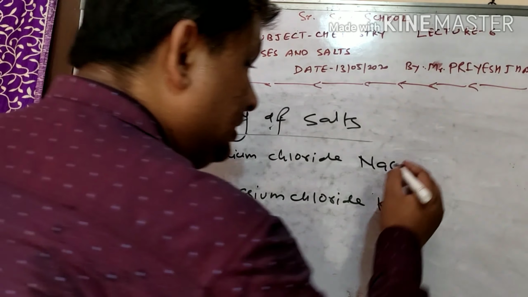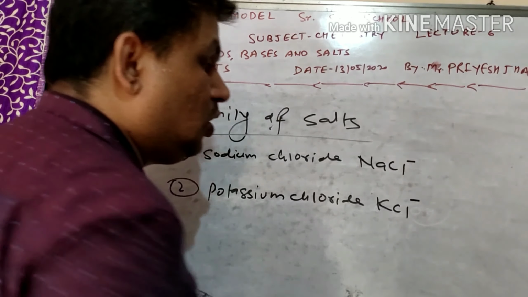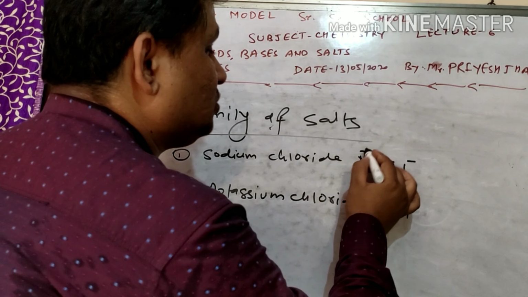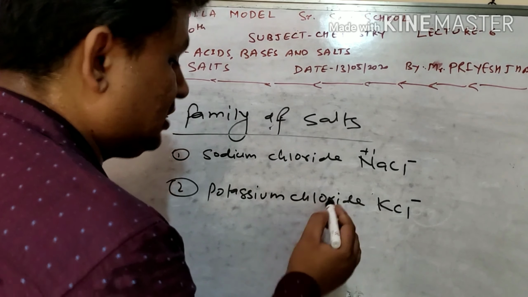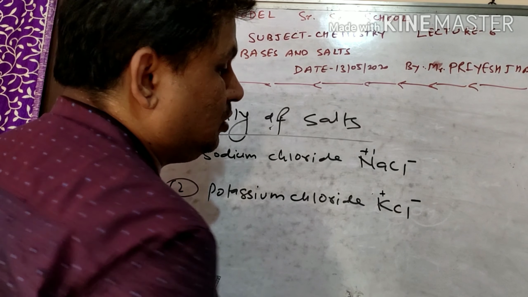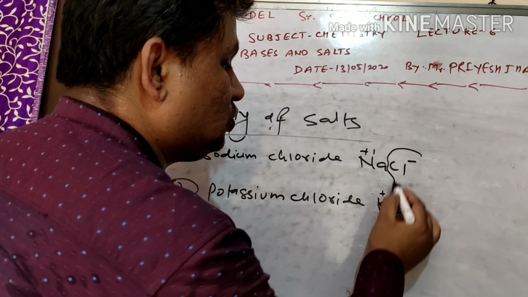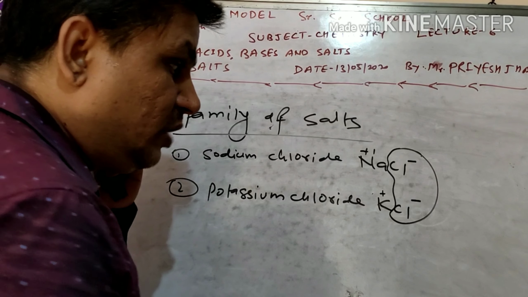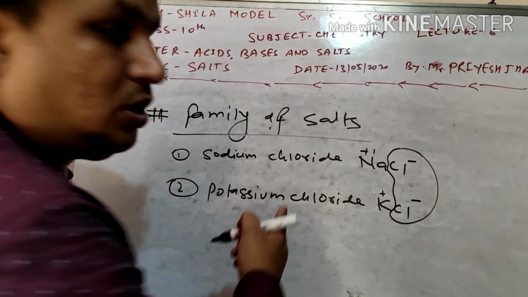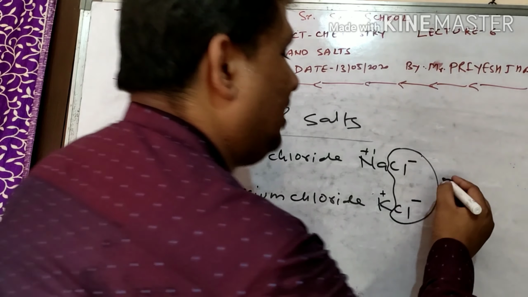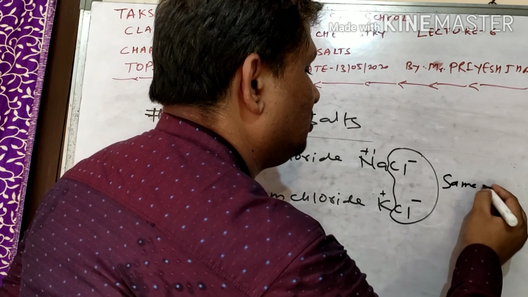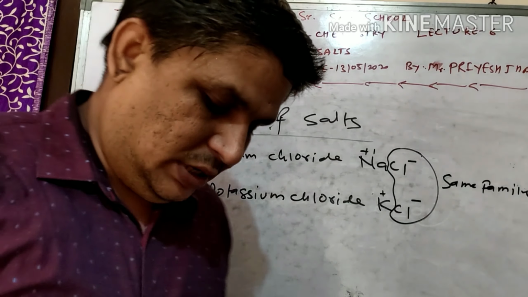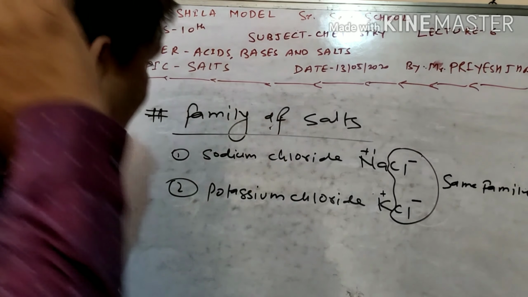In this case, negative charge is present on chloride ion, but positive charge in case of sodium chloride is present on sodium, and in case of potassium chloride positive charge is present on potassium. So in these two salts, the negative charge is present on the same chloride ions, so these two salts will belong to the same family. Okay, so that is the nature of a family.